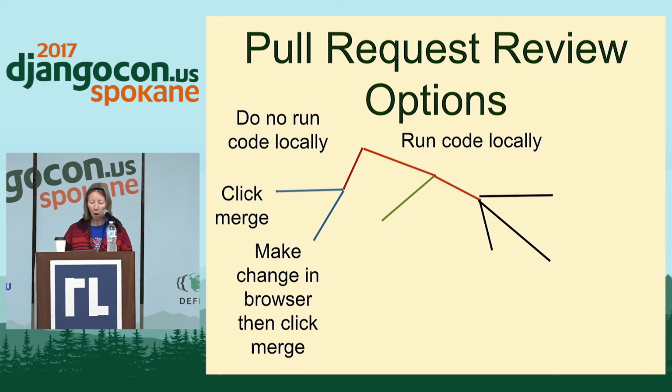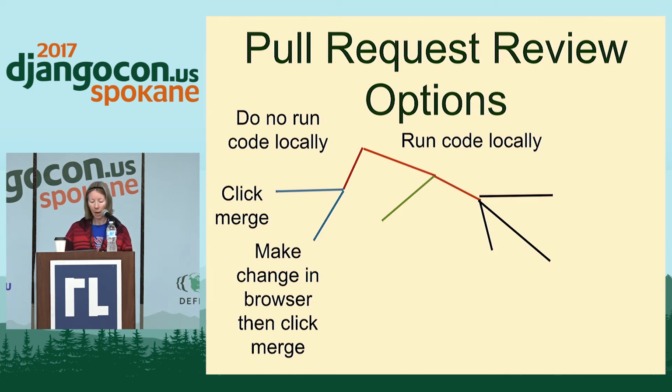So the first two options would involve just clicking the merge button in GitHub without running the code locally. For example, you might look at the pull request file and see that you don't need to make any change to what has been submitted, and you might just click merge. Or you might look at that and see that there's just a small change that needs to be made.